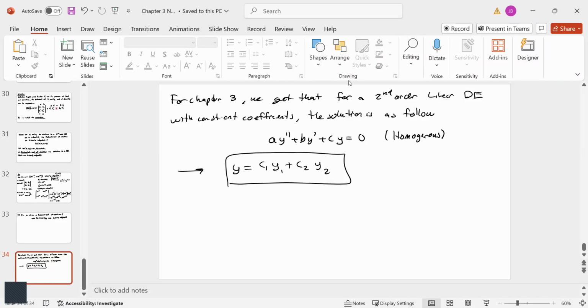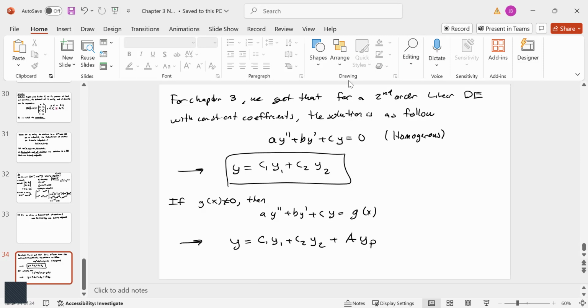Now, just as a preview to the non-homogeneous case, if g of x does not equal 0, then a y double prime plus b y prime plus c y equals g of x, we'll have the solution y equal to c1 y1 plus c2 y2 plus, and I'll use a different letter, let's call it y_p, for what we call the particular solution.